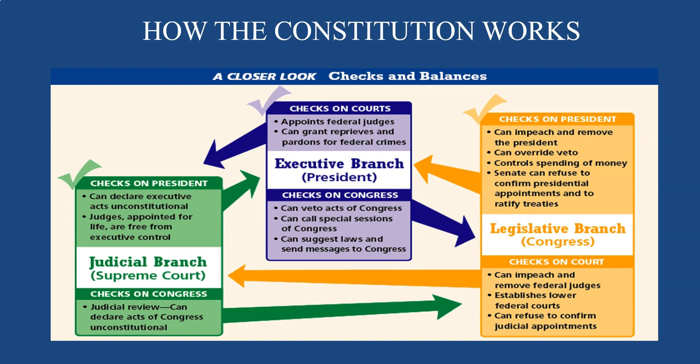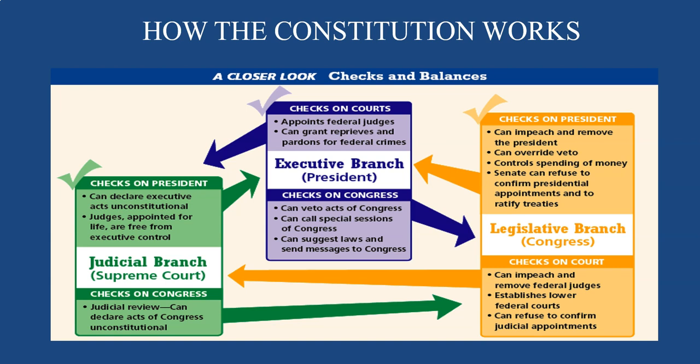Now, the Legislative Branch checks on the president by being able to impeach or remove the president, override a veto of the president, and control the spending of money. In other words, the Legislative Branch holds the purse. They control the cash in the country.